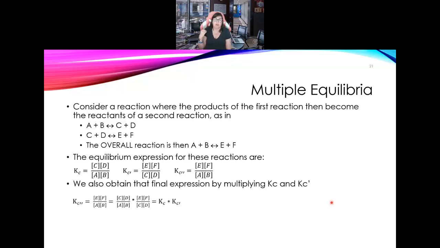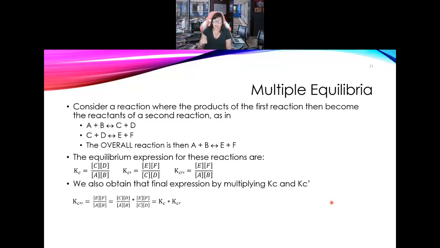Now, multiple equilibria. I don't know if you've seen much of this, but sometimes we have a reaction that occurs in 2 steps. If we talk about a diprotic acid, it has 2 protons that it can donate. H2CO3 is an example, and we'll talk about that later. I know the expression for the first loss of a proton, from H2CO3 to H+ plus HCO3-, and I know a K value for that.